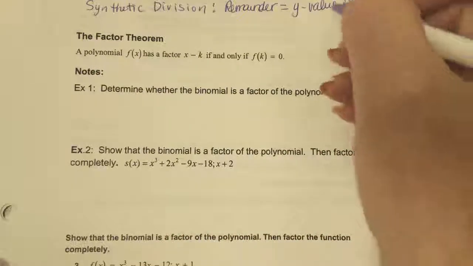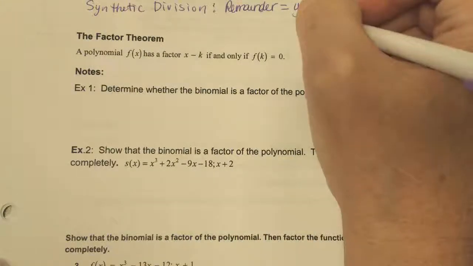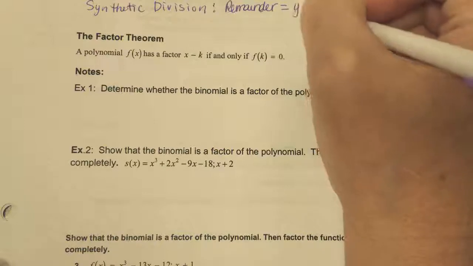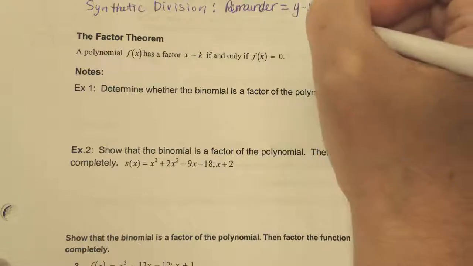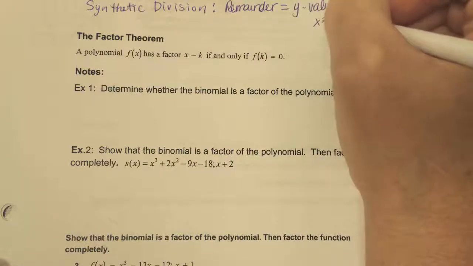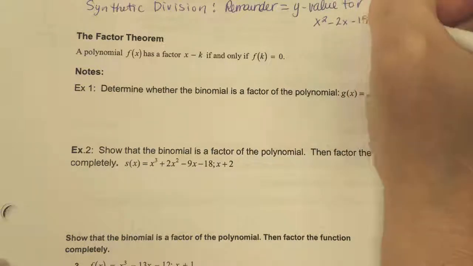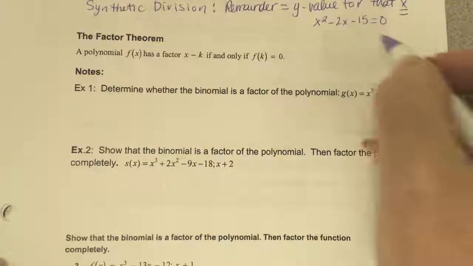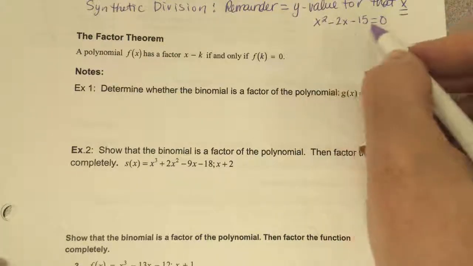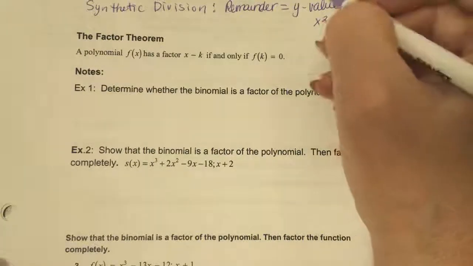Okay, let me do just a real simple problem. All right, so let's say we have this problem. x squared minus 2x minus 15 equals 0. Can you guys think of an x value that would make that equal 0?